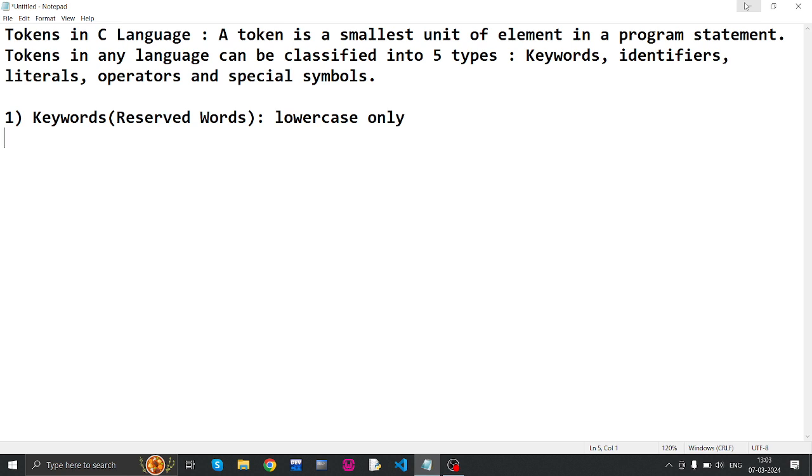Now, what are the keywords supported by C programming language? Let's see the list of keywords here.